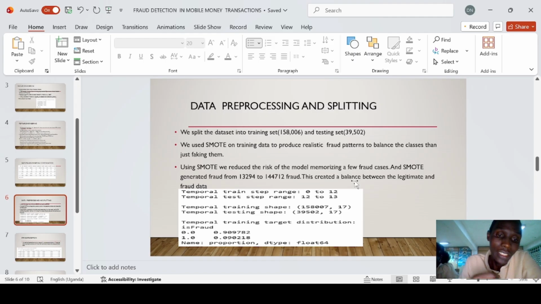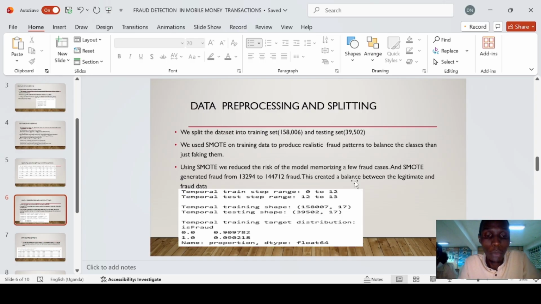So how we handled our class imbalance, we introduced SMOTE. How SMOTE does it, it doesn't simply copy existing fraud examples. Instead, it looks at fraudulent transactions, finds their neighbors in the feature space, and then generates brand new samples which are similar fraud samples along the line segments.